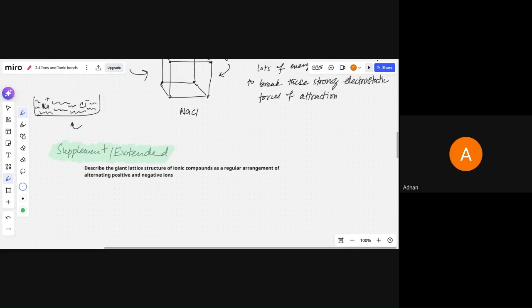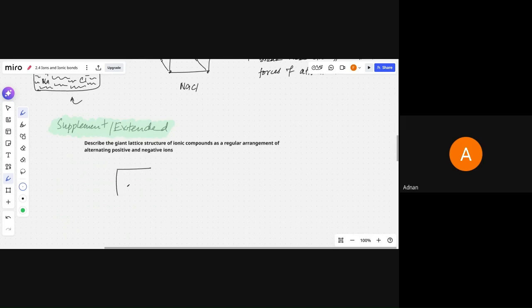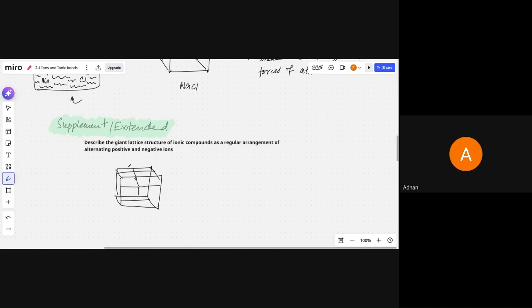So if I draw a structure of sodium chloride, actually I can copy this one. So let me just draw it like this, and then this. My drawing is not that perfect, but you can imagine this is a structure. We have Cl minus, Na plus, Cl minus, and then Na plus, right?